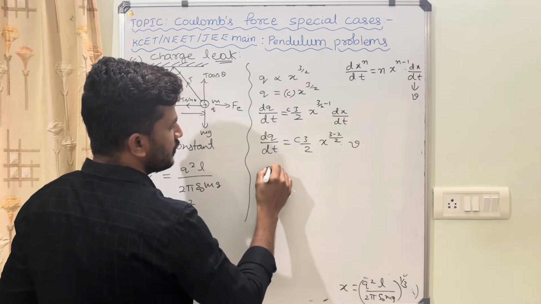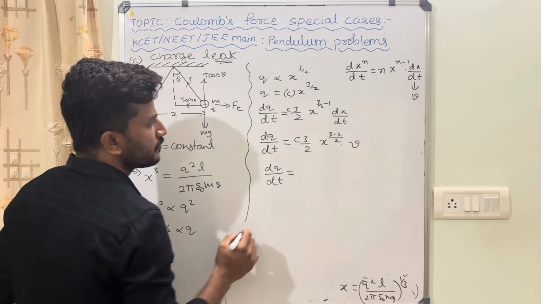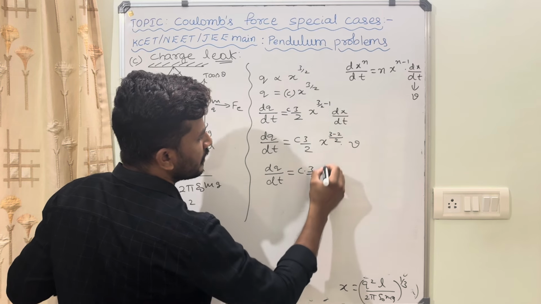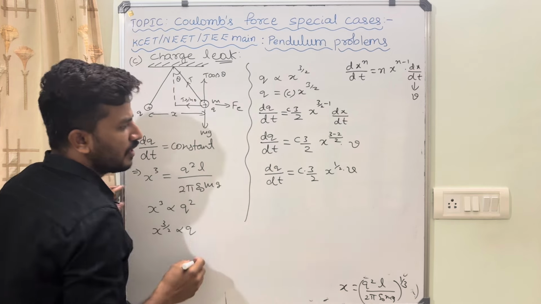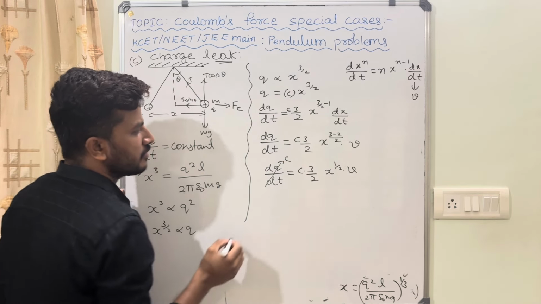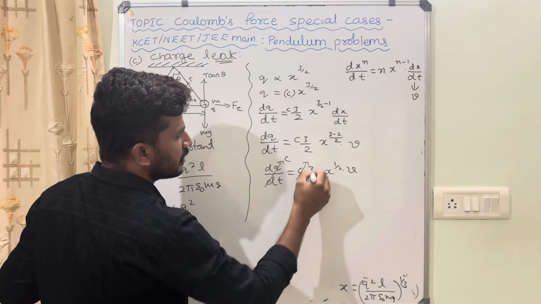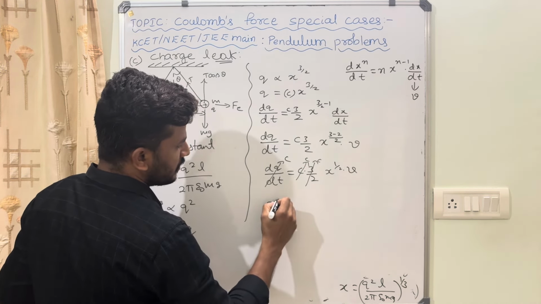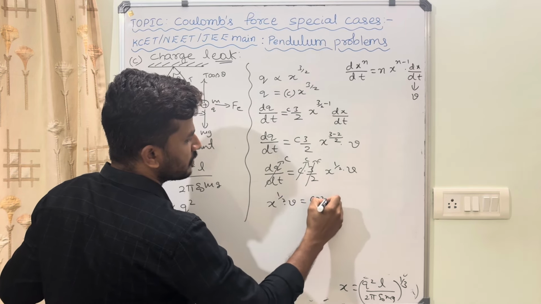So dq by dt is equal to c 3 by 2 x power 1 by 2 into v. We have studied that this is also a constant. Correct? Now, c is also a constant and 3 by 2 is also a constant. So x power 1 by 2 into v is equal to a constant.